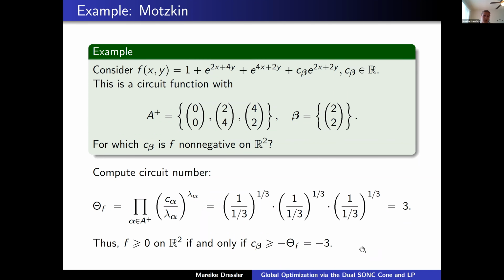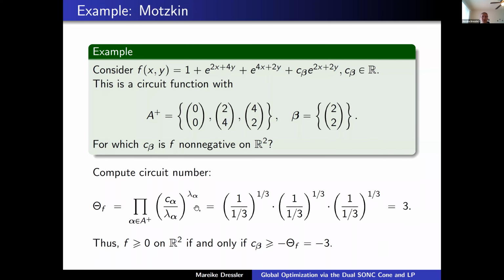Hence we can conclude that F is non-negative if and only if C beta is at least -3. And if you look a little more closely, you can see that if we take C beta to be -3, then this Zignomial can be thought of as the Zignomialized version of the Motzkin polynomial.